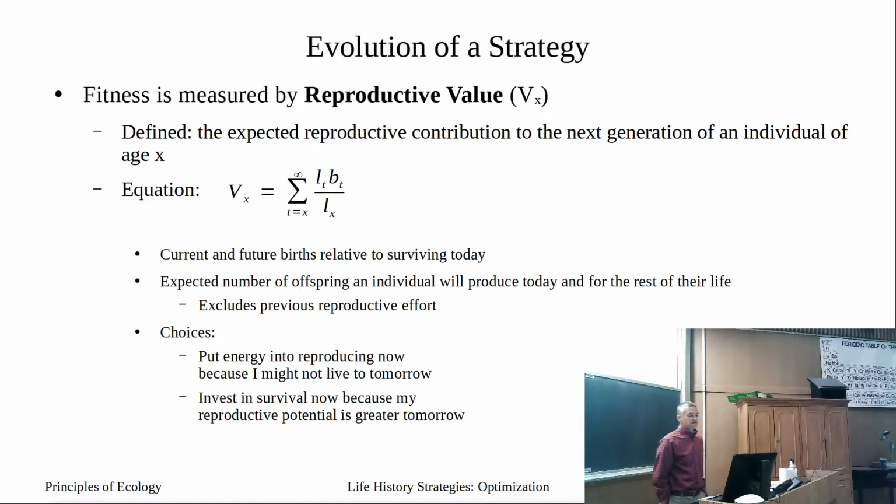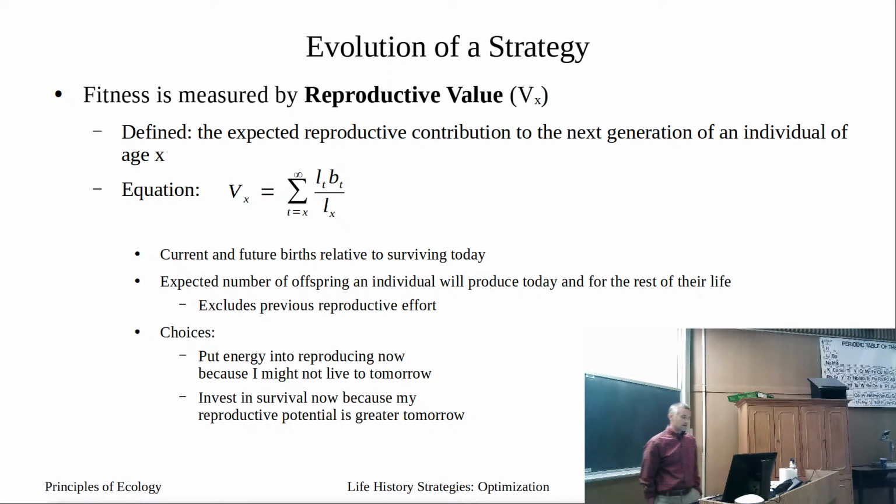Reproductive value is defined as the expected reproductive contribution to the next generation of an individual of age x. So as our individual ages and moves through those age classes, their reproductive value will change.